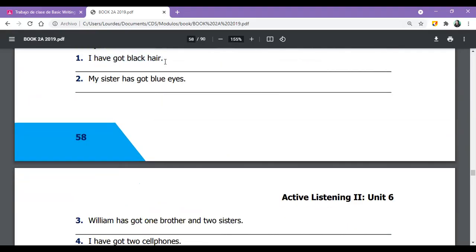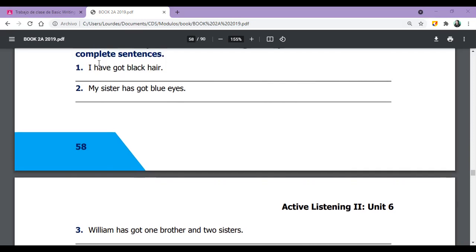No, in this case, we're going to make questions using have got. O sea que la oración la hago en pregunta. Exactly. We're going to make these sentences into questions, okay?